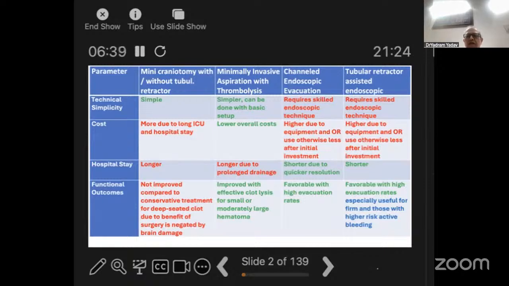The tubular retractor assisted endoscopic surgery is most effective even for the firm clot and even when there's active bleeding going on, because you can use 2 or 3 instruments through the tubular retractor and good bimanual control is possible. But the disadvantage is that you require an expert surgeon and there's a high upfront investment, but it ultimately proves to be cost effective in the long run.